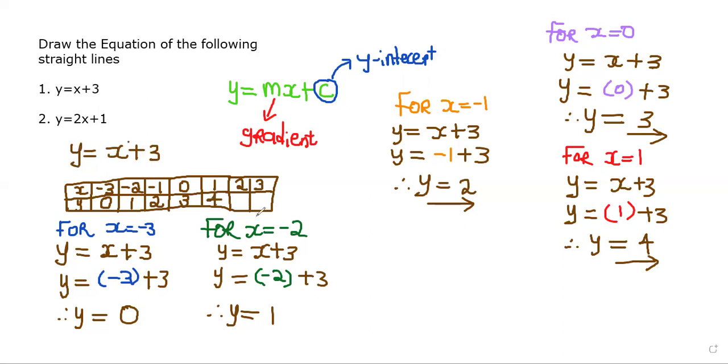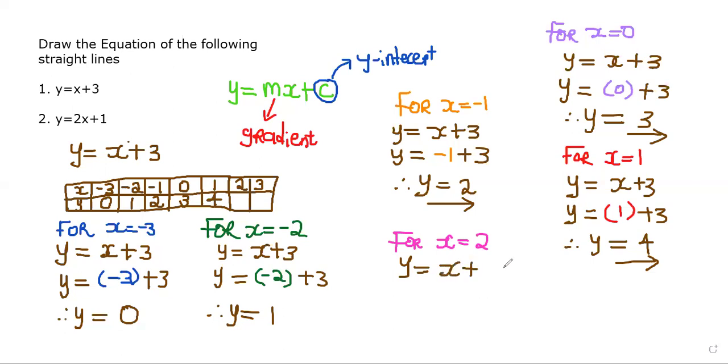And then we are left with writing 2 of those. So now we have x is equal to 2. When we say x is equal to 2, it simply means we are going to write the equation y is equal to x plus 3.